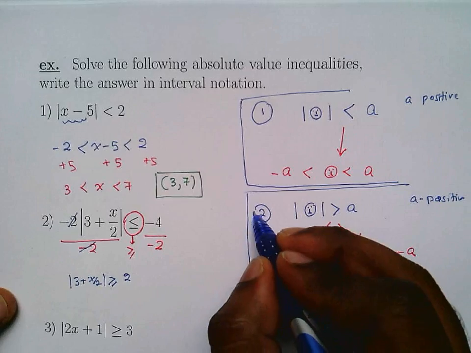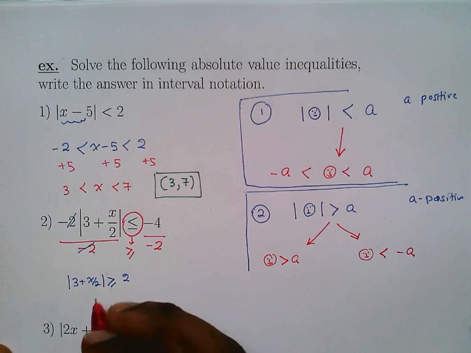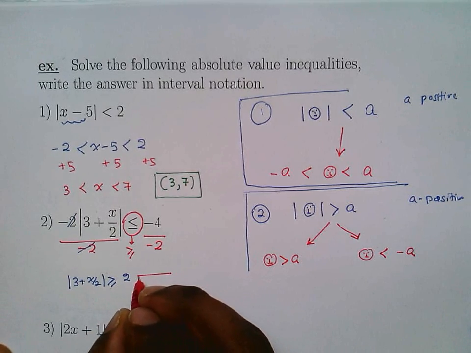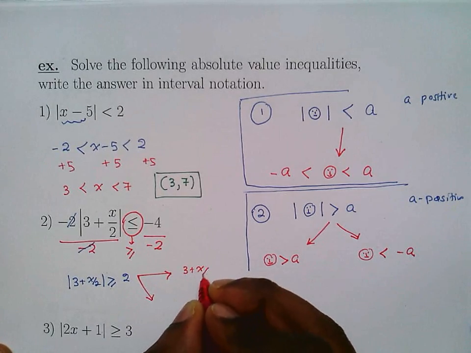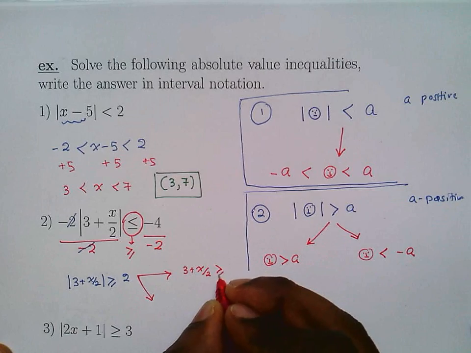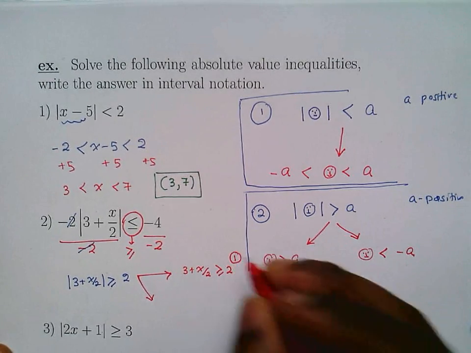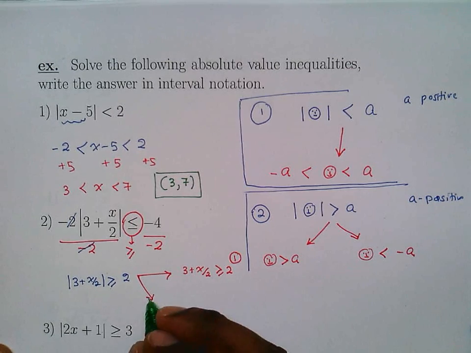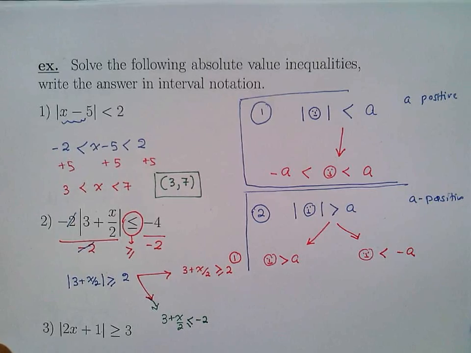Now that is type 2, absolute value greater than, which means this splits into 2. So you have 3 plus x over 2 greater than or equal to 2. That's your first inequality. And the second inequality will be 3 plus x over 2 less than or equal to negative 2. So let's solve these inequalities separately.